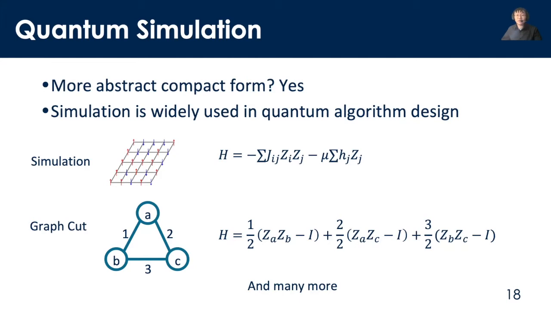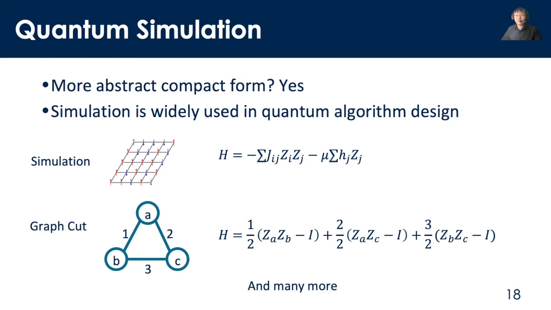Quantum simulation is a widely used algorithm design principle in quantum computing. First of all, simulating a quantum system itself is a very important application of quantum computing. And for other problems like graph problems, we can also encode the solution to this problem in the ground state of an artificial quantum system.